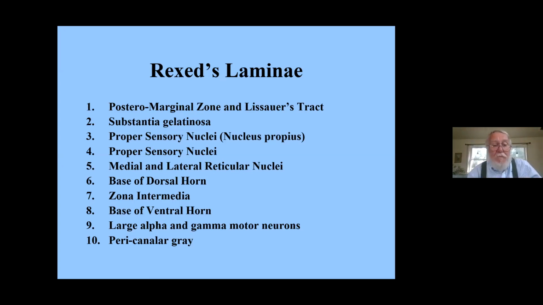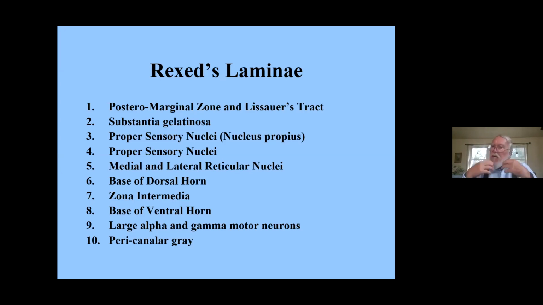And the zona intermedia begins to become very important, especially in the thoracic cord, where we're basically talking about viscerosensory inputs and visceromotor outputs, controlling the trunk and the torso and all of the interior systems. Then lamina 8 is basically the base of the ventral horn on either side.